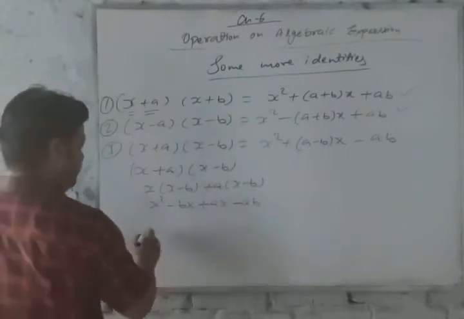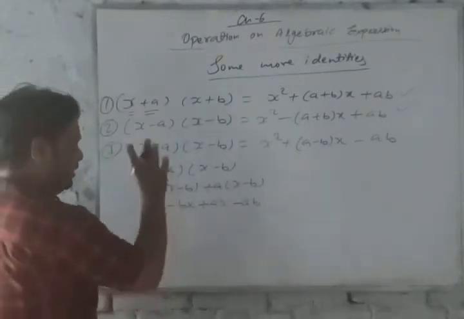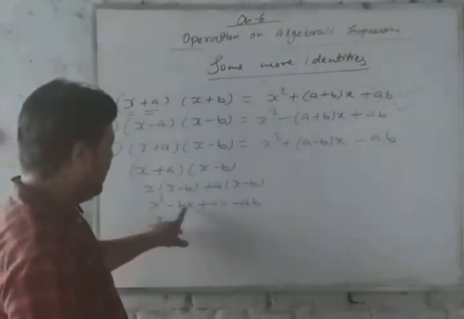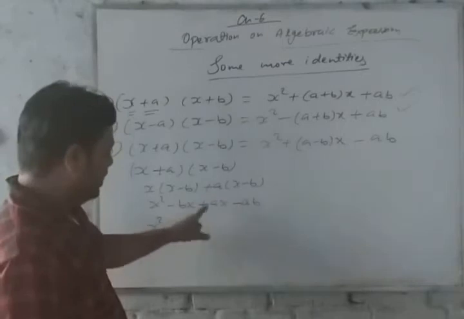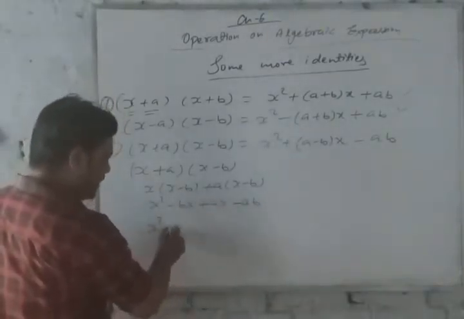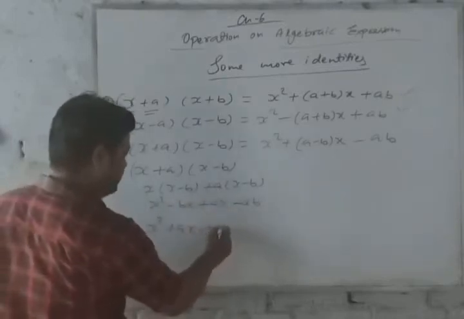Now x square again, what is common? We will keep it. There is no need to take minus outside, because here minus and here plus. Then you can reverse it: ax first, and then minus bx.